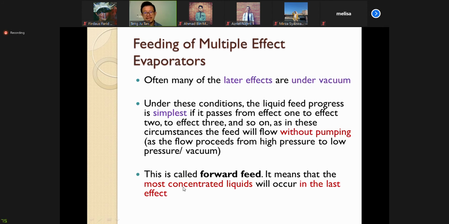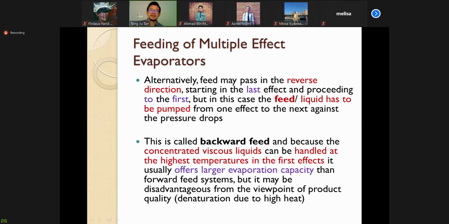It means that the most concentrated liquid will occur at the last effect, usually the one at vacuum, so it is easier for evaporation. Okay. Alternatively, feed may pass in the reverse direction, starting in the last effect and proceeding to the first. But in this case, the liquid has to be pumped from one effect to the next against the pressure drops.